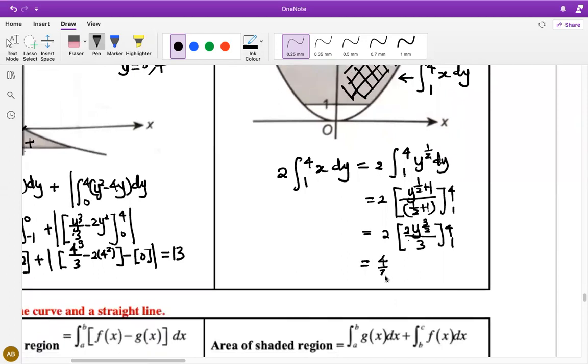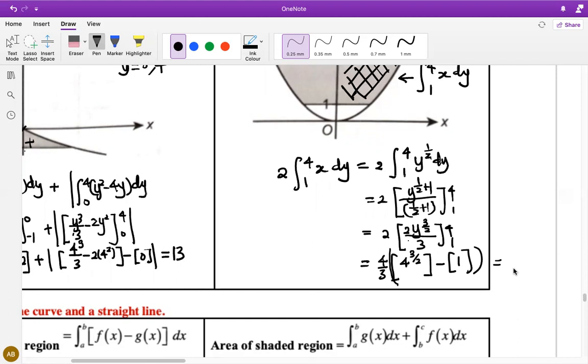There is 4 over 3, so you take out 4 over 3, then you substitute 4 to the power 3 over 2, and then minus 1 to the power 3 over 2, which is 1. So this is a bracket. So you get your answer. For square root of 4 is 2, 2 to the power 3 is 8.